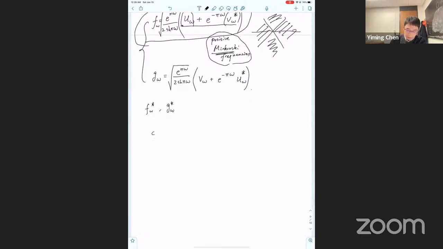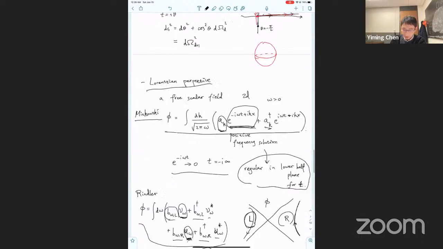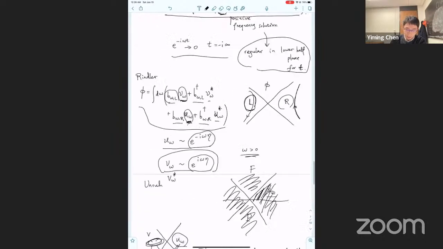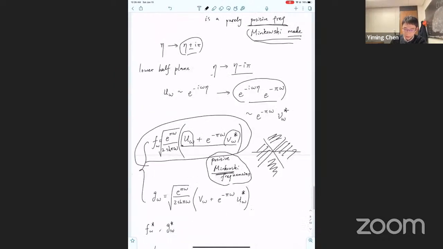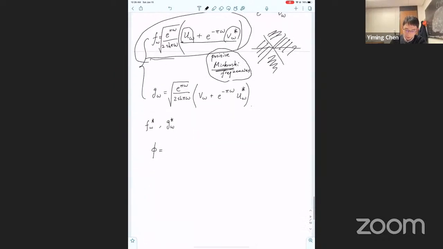Therefore, the idea now is that we can write down a third mode expansion for the field, which is neither the original Minkowski one nor the Rindler one that we earlier wrote down, but one that involves these new mode functions.